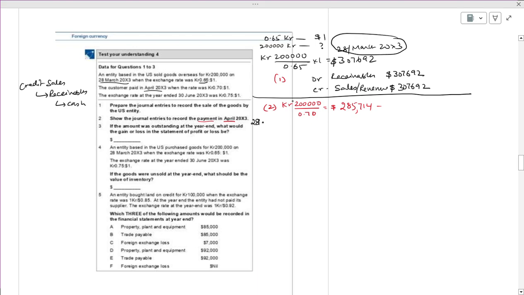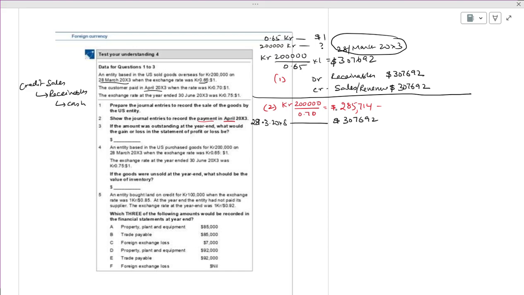How much do we have to receive on 28th March? 307,692. Now in April, how much are we receiving?